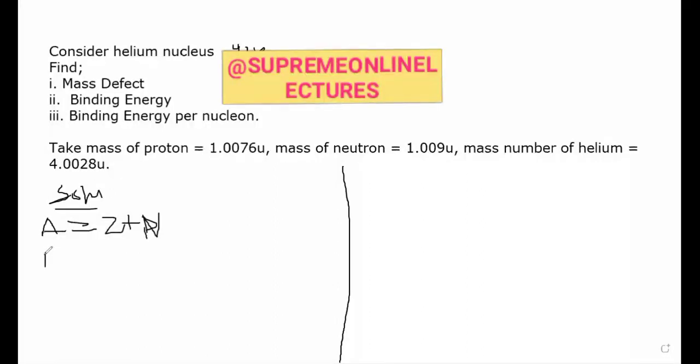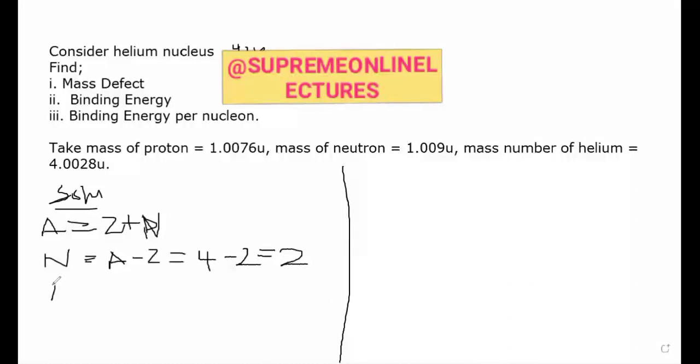we will now have N, that's the neutron number, equals A minus Z, which is 4 minus 2, equals 2. So we have estimated the neutron number to be 2.